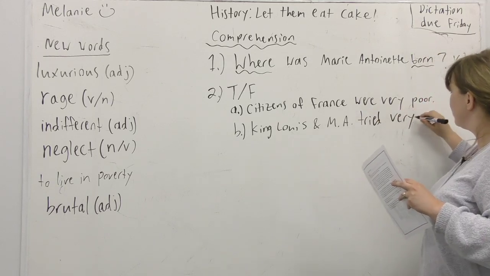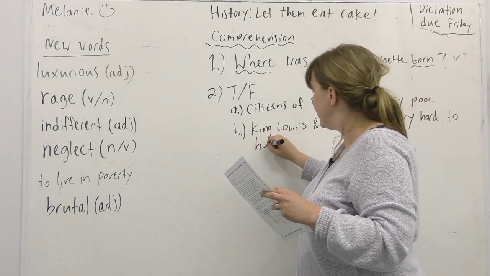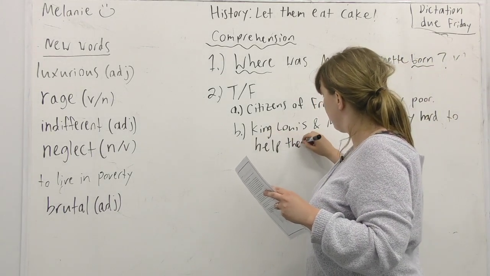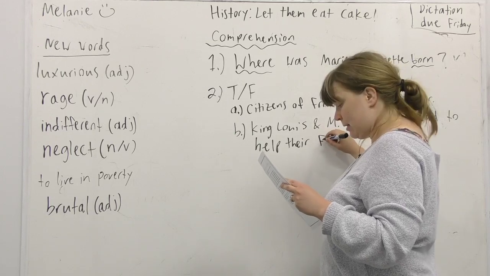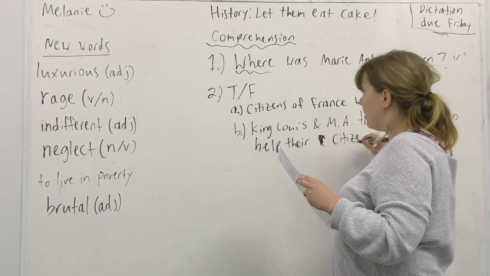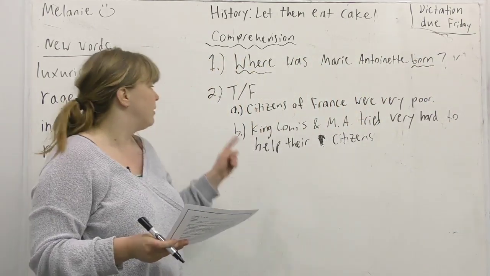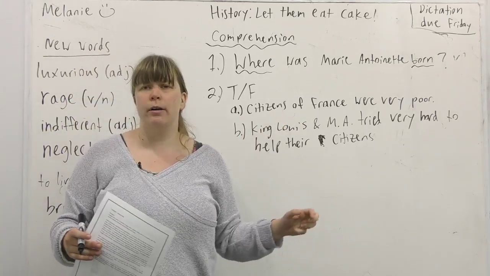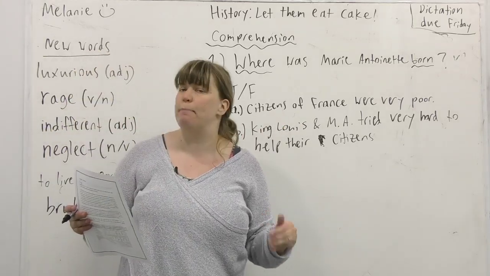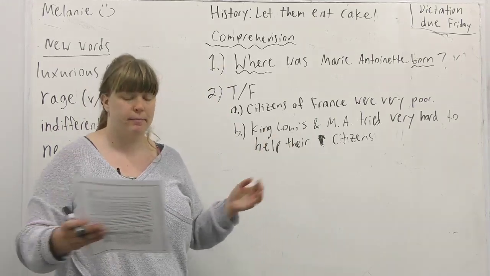They put a lot of effort in to help their French citizens. True or false? So, number 2 is just true or false questions. Try to see, were the citizens of France poor? Did the king and queen try to help them?